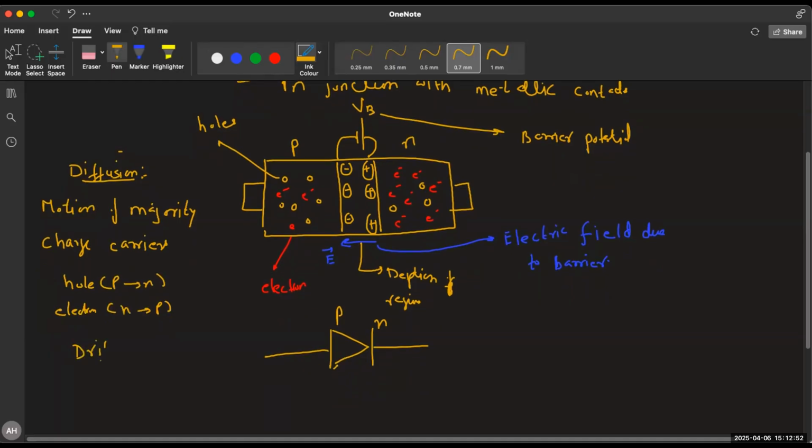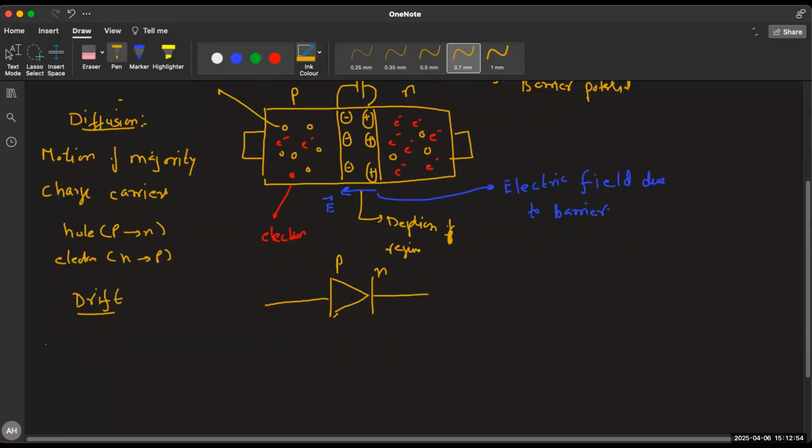There is one more type of movement which is known as drift. Drift is the motion of minority charge carriers across the junction.